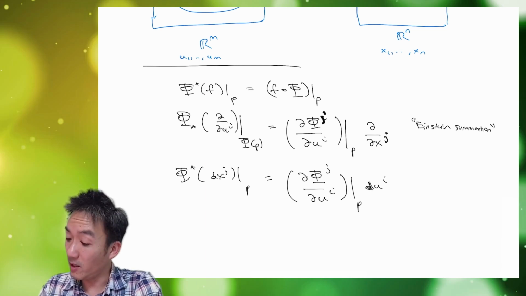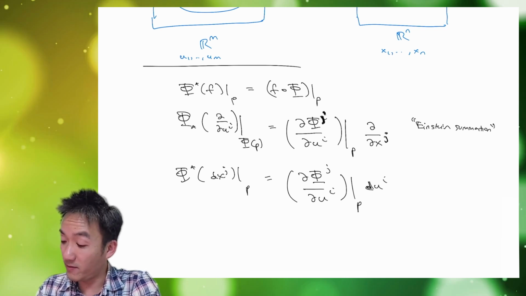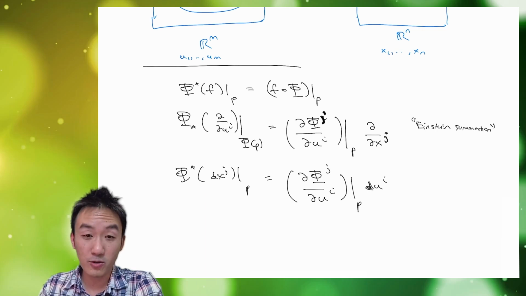Unlike the push forward case where the derivative index, the partial ui, is fixed because it's fixed on the left-hand side, and then I vary the component index of phi, the j, which is summed alongside the partial xj.